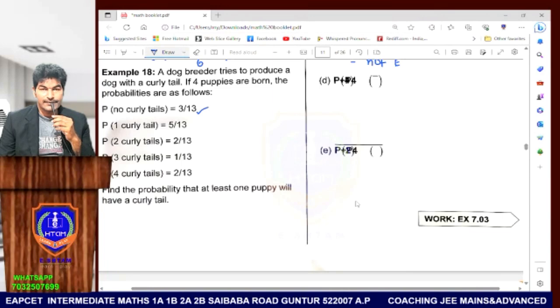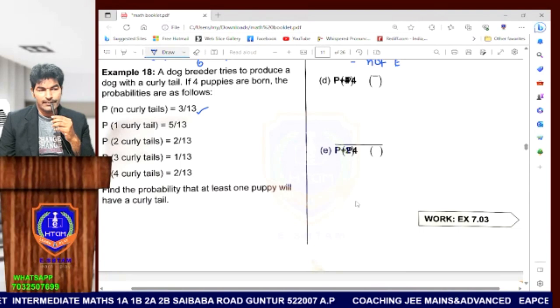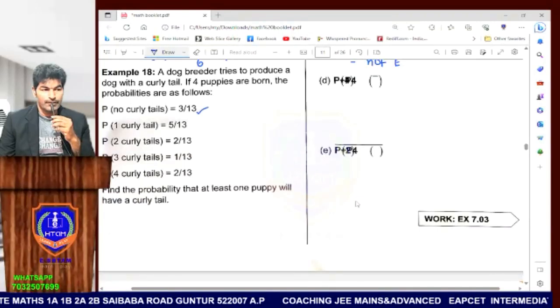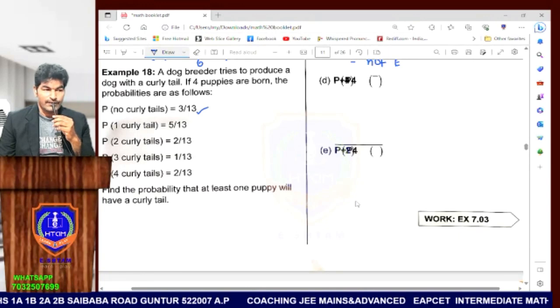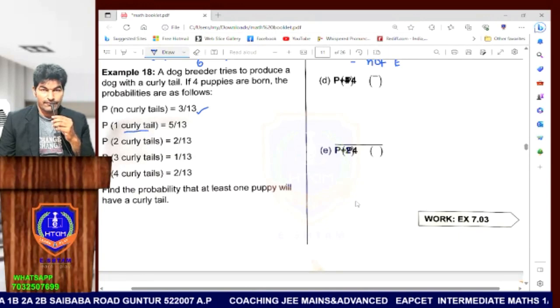No curly tails, 3 out of 13. One curly tail, 5 out of 13. Two curly tails, 2 out of 13. Three curly tails, 1 out of 13. Four curly tails, 2 out of 13. He is using 13 in the denominator, so 13 is effectively the sample space here, though the question says 4 puppies are born.